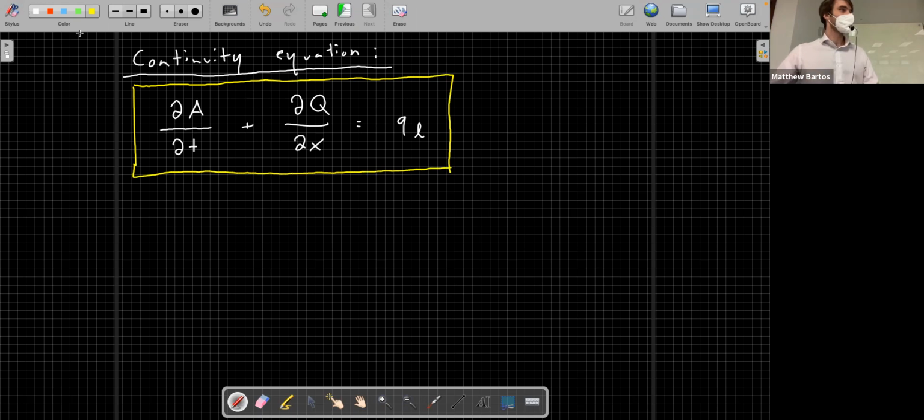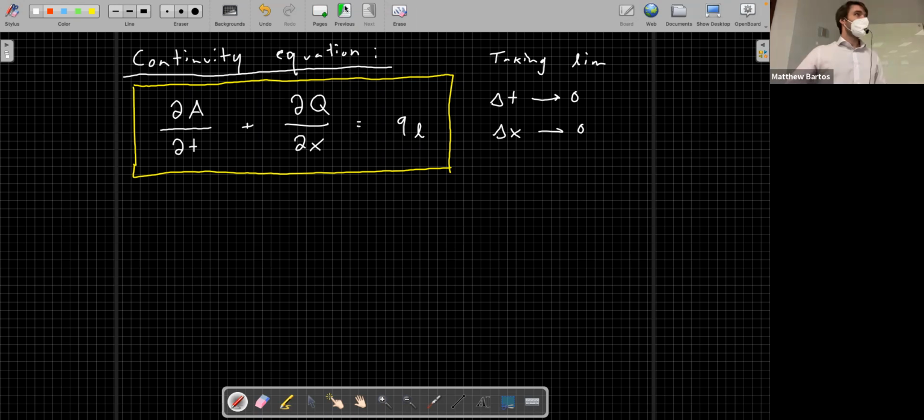So note, this is taking the limit as delta t goes to 0 and as delta x goes to 0. Are there any questions on how I derived this equation here? No? Okay, well, let's keep going.